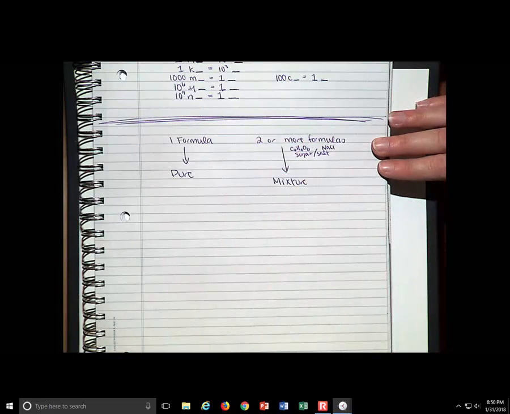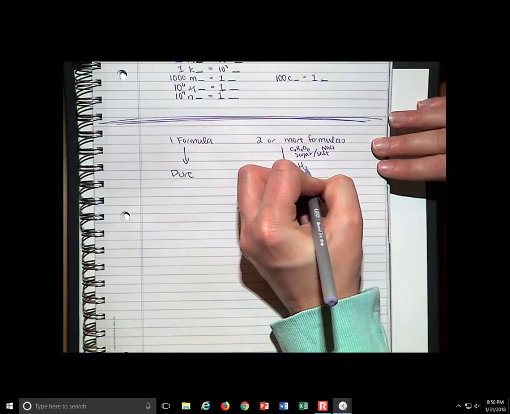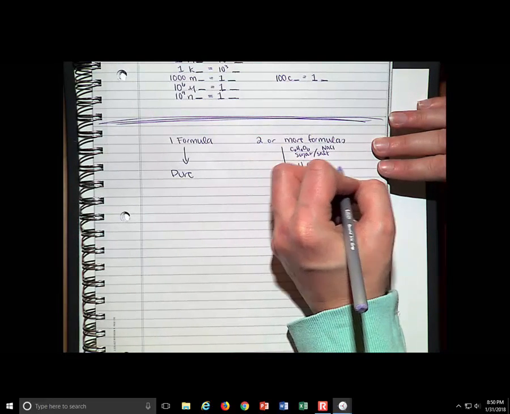Or, like we talked about granite in class, if you see color variation throughout the sample, you're going to have different components making up those different colors. Water, sugar water, or like coffee or tea, Kool-Aid, that's all going to be a mixture because you're going to have water plus something else.